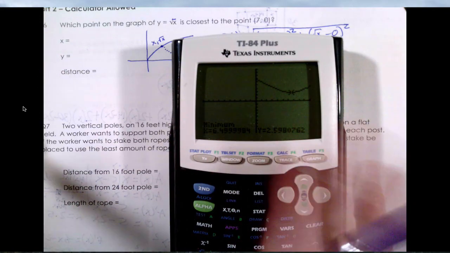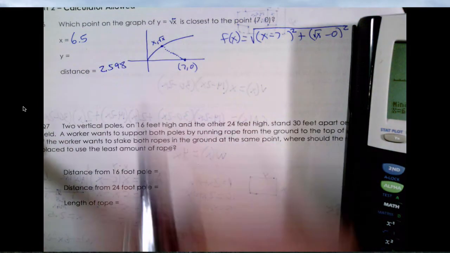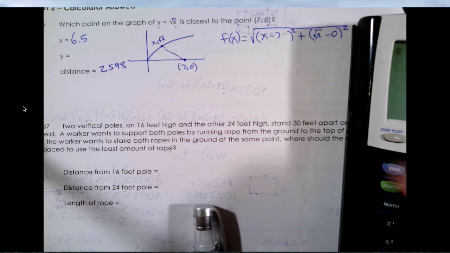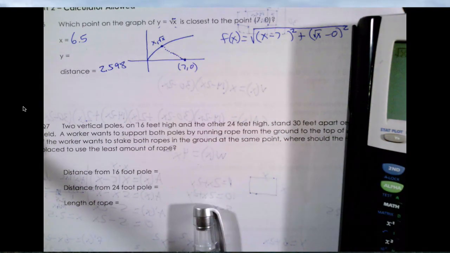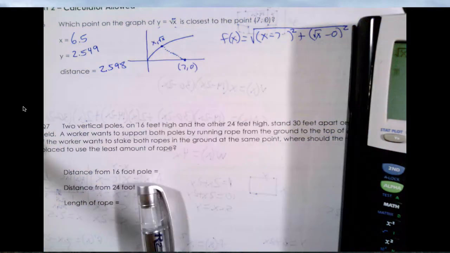Okay, so my x value was 6.5. Okay, the minimum distance between there is 2.598. Okay, so how do I find the y value? Well, y is defined as the square root of x. So if I just do the square root of x, it's going to be 2.549. Okay, all right, there we go.